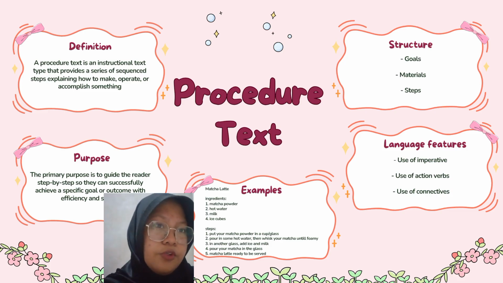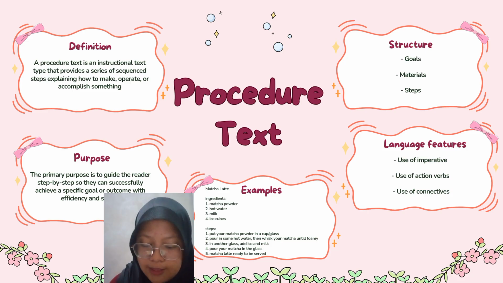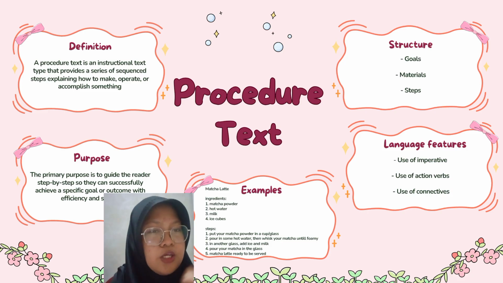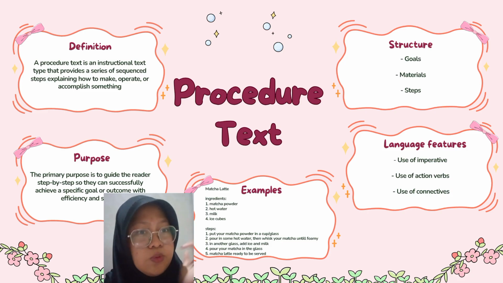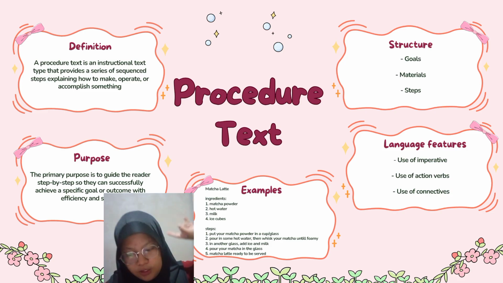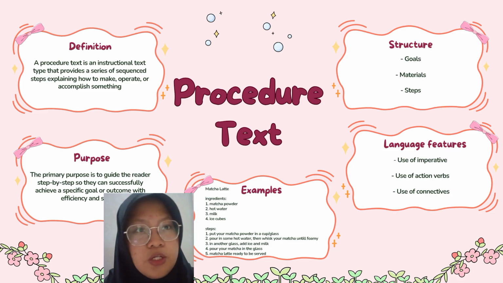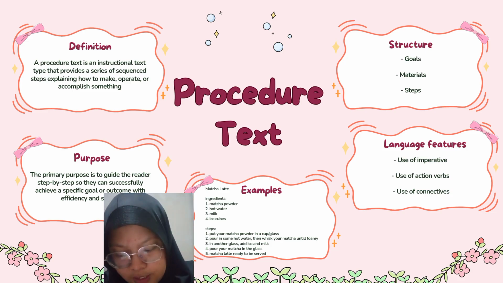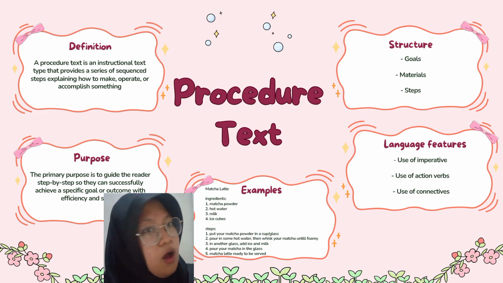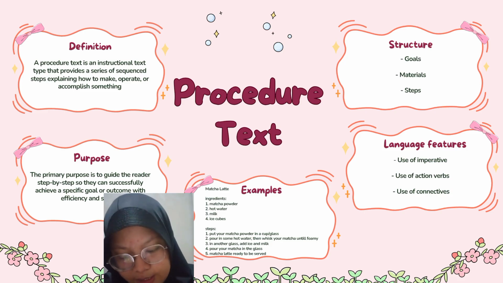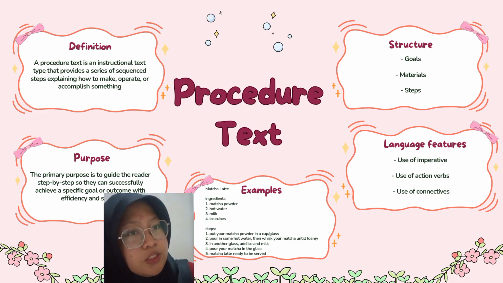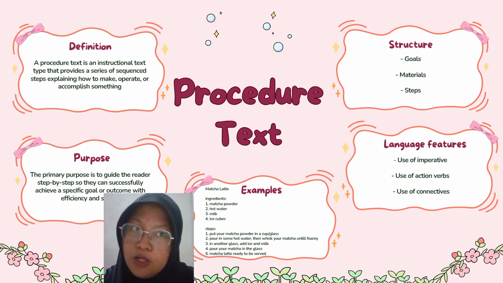So in this video, the procedure text example is a matcha latte recipe. As you can see, it has the title. The title is usually the purpose, like matcha latte. It has the materials or ingredients such as matcha powder, hot water, milk, ice, and then they also include the steps, like how exactly you make the matcha latte.